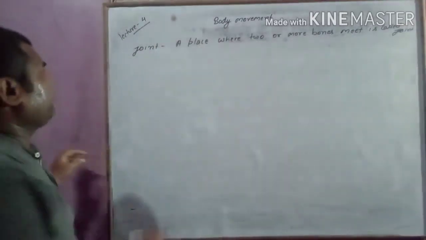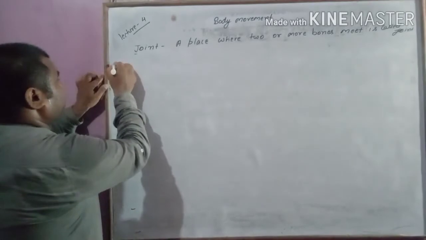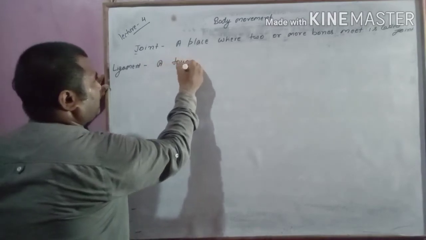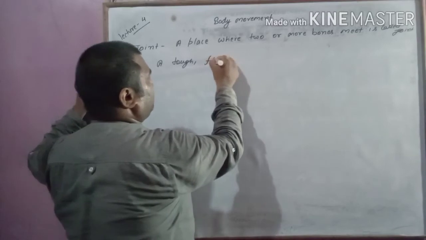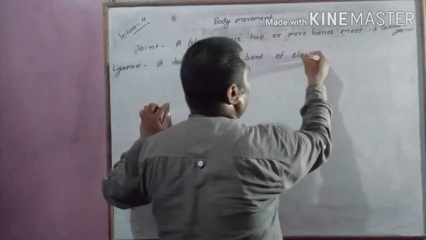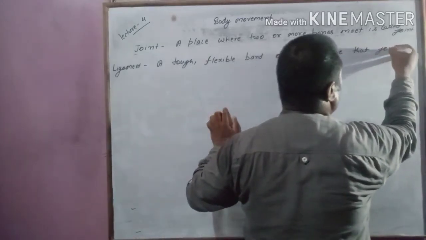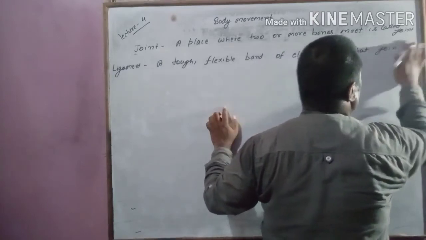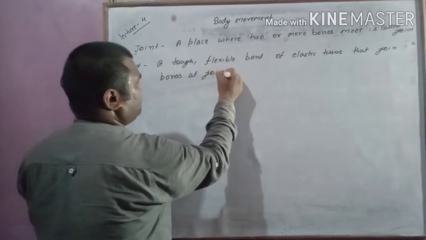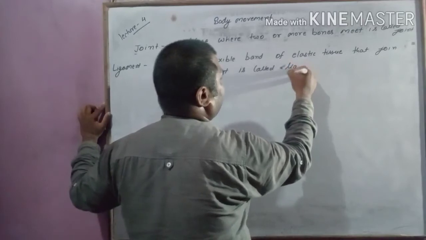Next, ligament: a tough, flexible band of elastic tissue that joins bones at a joint is called ligament.